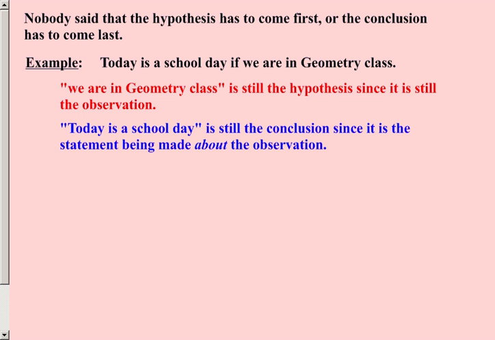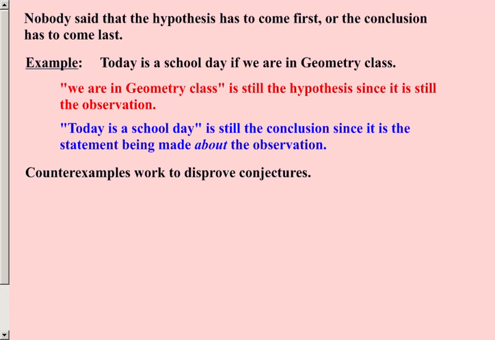You can't always just watch out for if and watch out for then. It's not always that simple. So you have to read the information and decide what part is the observation, what is the thing that can be seen, or what is the prediction that is being made, and then what is the conclusion that is being stated about that observation or prediction.